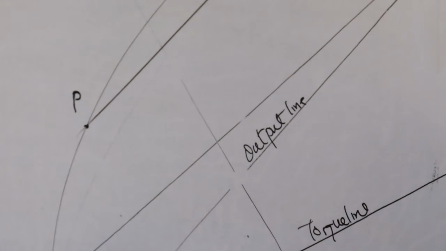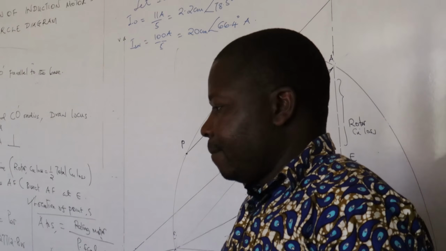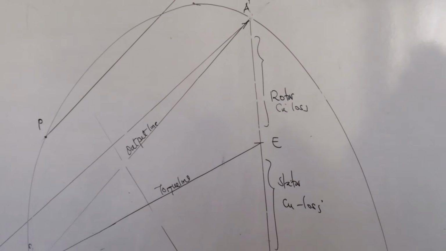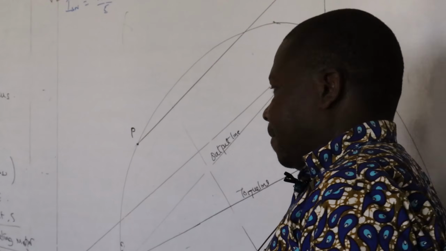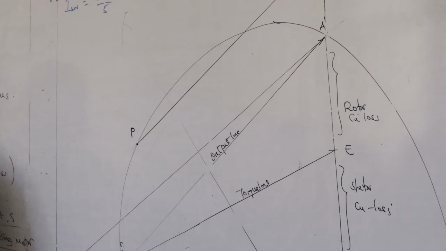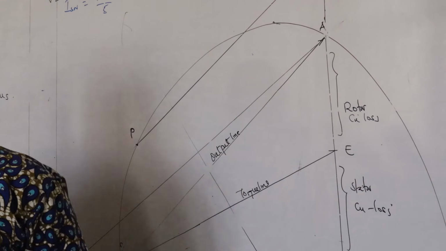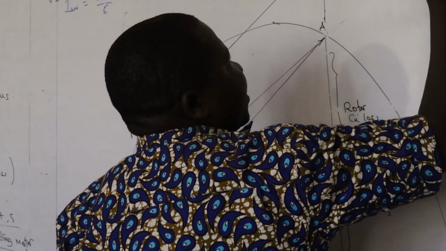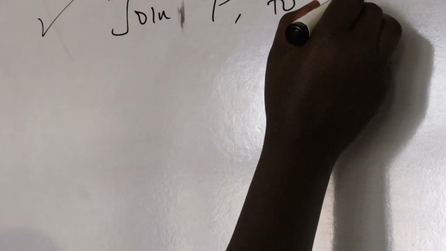Mark it P. How is it within the circle? Join P to O. We are landing.